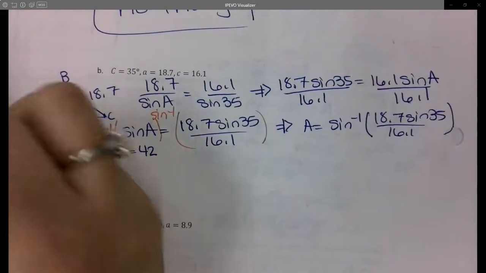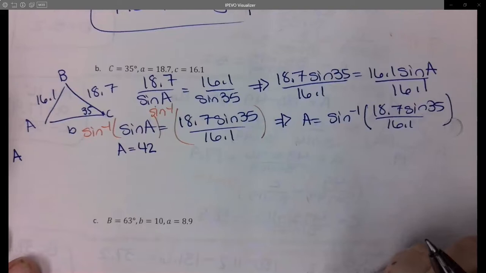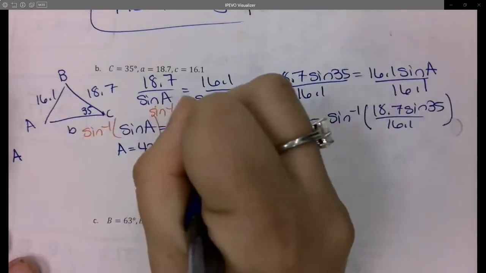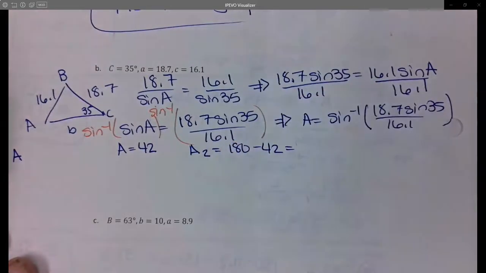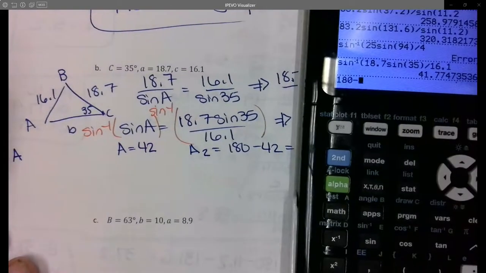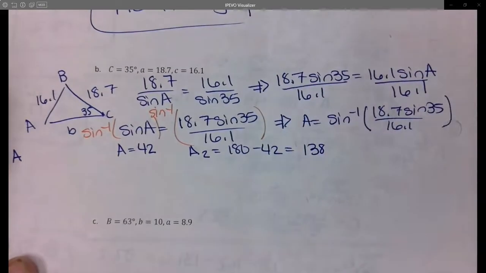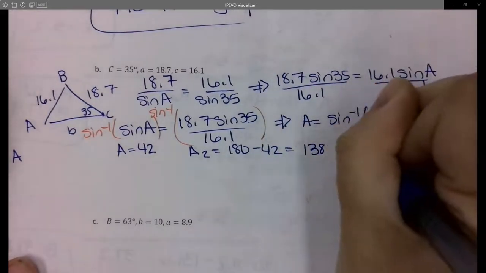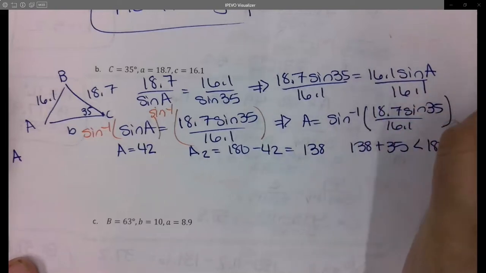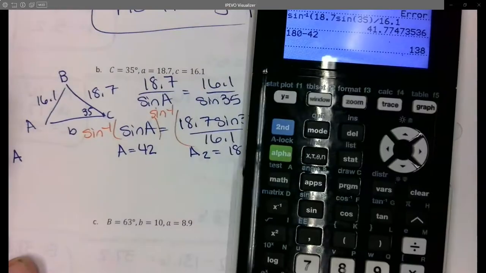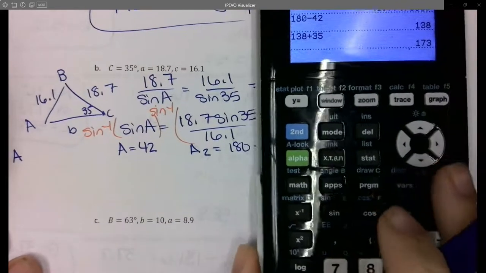Remember, I can have more than one angle, so what I want to do is see if the second one's going to work. So I'm going to do A sub 2. This would be 180 minus 42, which gets me 138. I want to take 138 and add it to the other angle I already have to see if it'll work. I need this to be less than 180. 138 plus 35 is 173, which is less than 180.